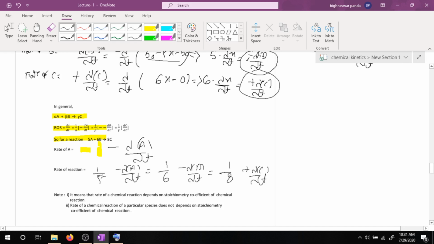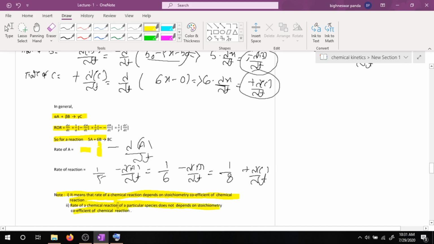So here you have to note that the rate of a chemical reaction always depends upon the stoichiometric coefficients, but the rate of a particular species does not depend upon the stoichiometric coefficient of the chemical reaction.